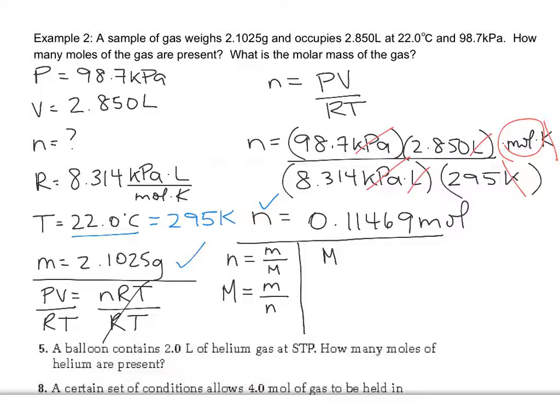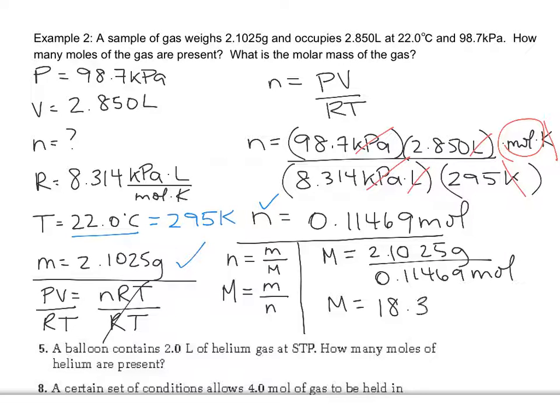So if I'm going to plug this in to solve for my molar mass, I have my mass is 2.1025 grams. I have 0.1149 moles. So therefore the molar mass of this gas is 18.3 grams per mole.